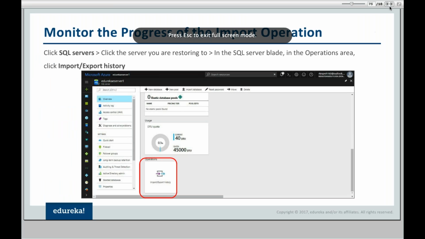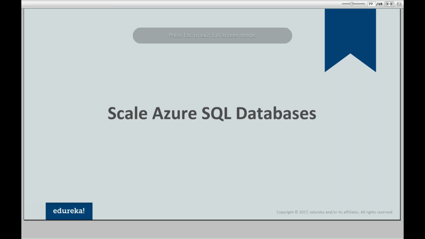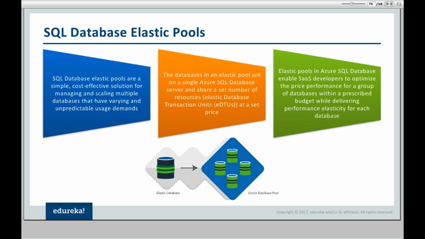Well, the next one that we have here is about scaling the Azure SQL database. Scaling is where you go up with the elastic pools. You have the database pools which we have already configured, and we call it elasticity. You combine multiple databases when there are huge, unpredictable demands on your database.